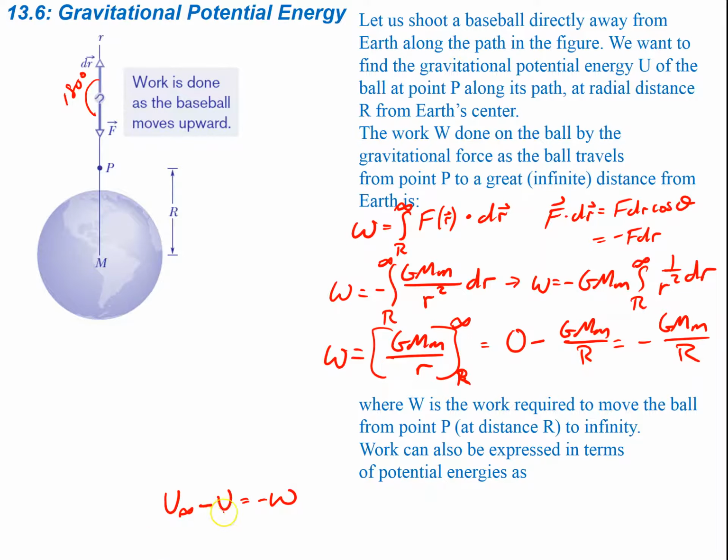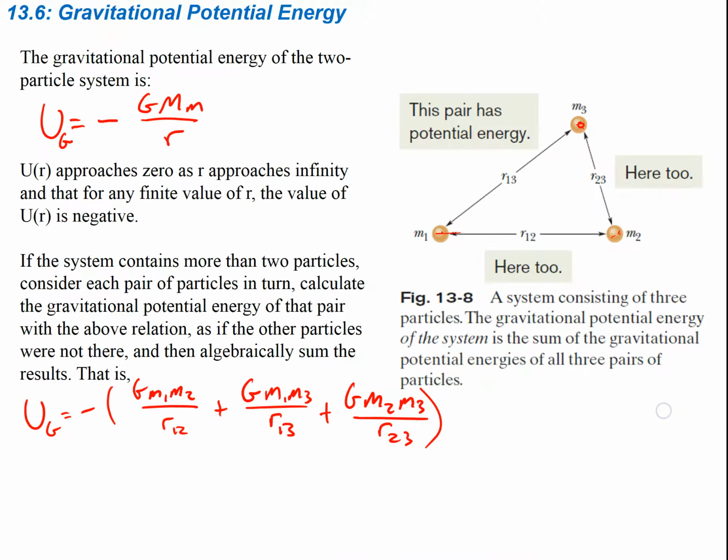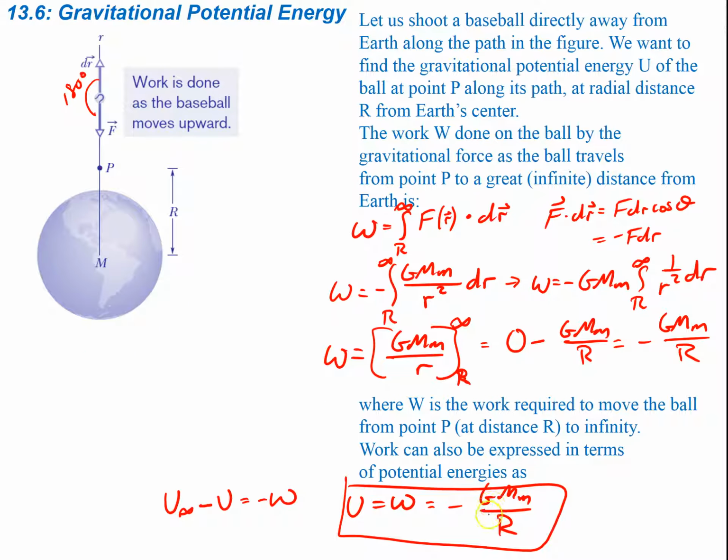So really this is just negative U is equal to negative W. So our potential energy is equal to the work in this case, which is minus GMm over r. That gets us the equation we saw last slide, so the potential energy is going to be equal to this equation here.